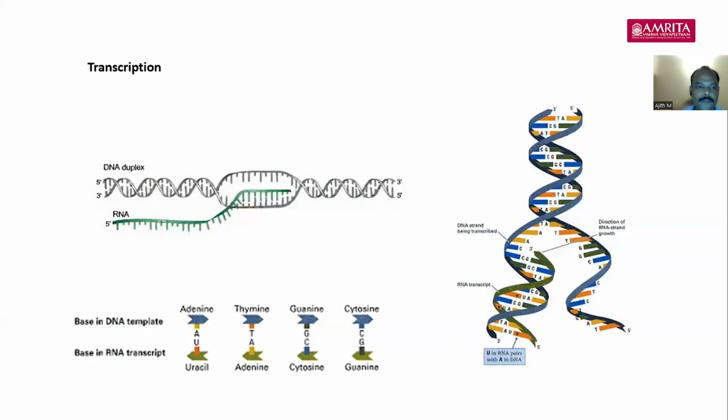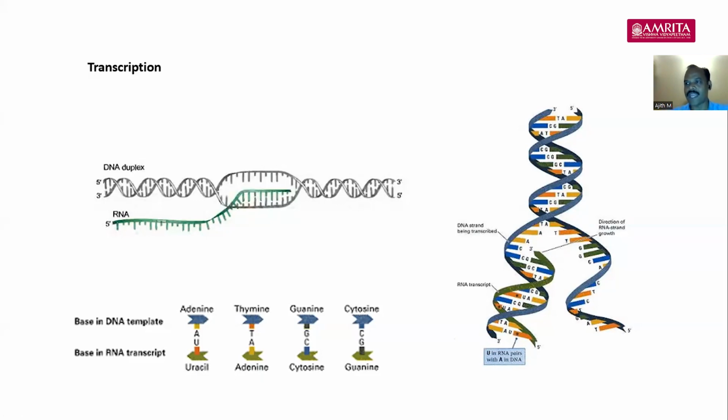So I told you this information gives you additional information as well. If you ask the direction of synthesis of the RNA molecule, it is again in the 5' to 3' direction, as in the case of DNA, is it not?